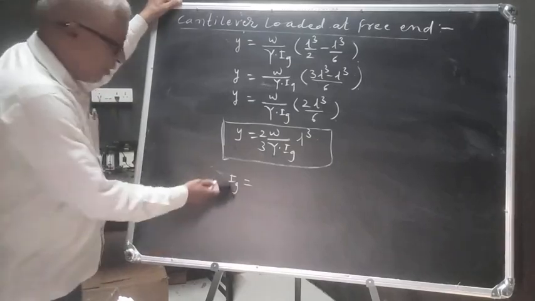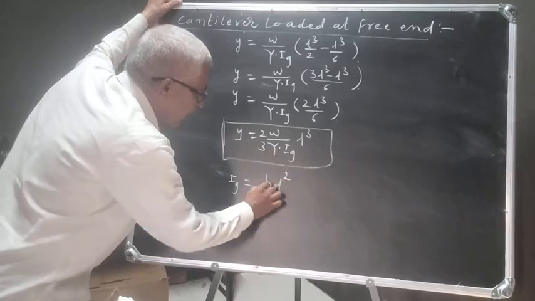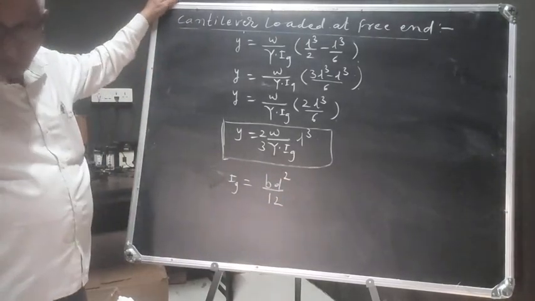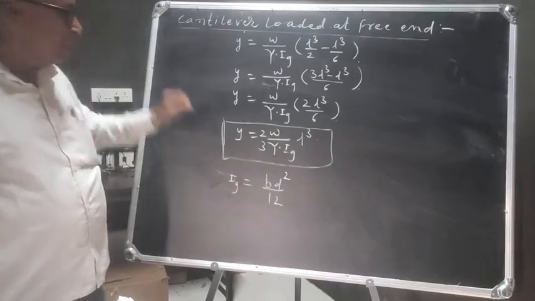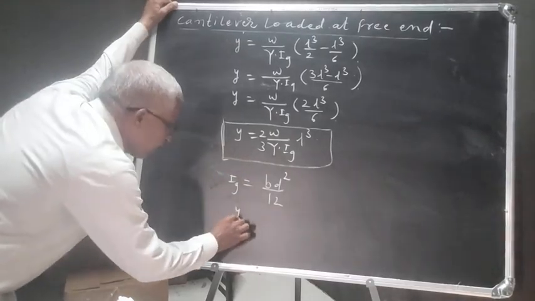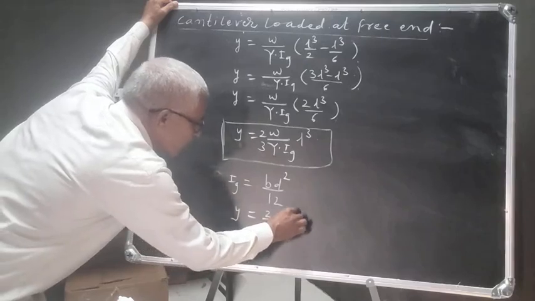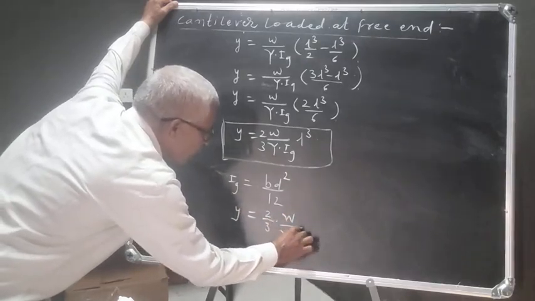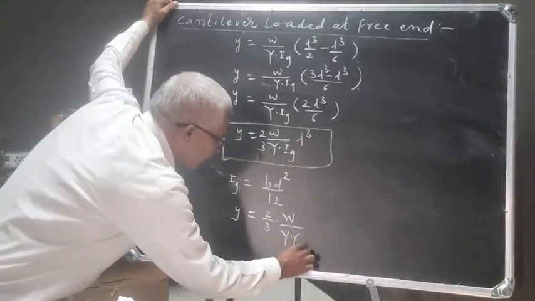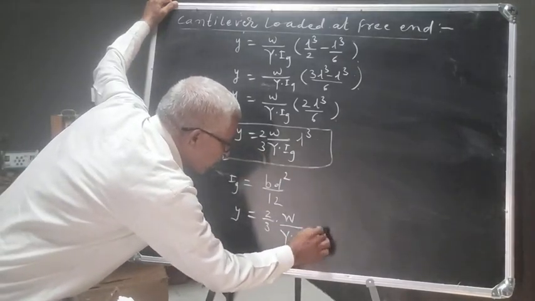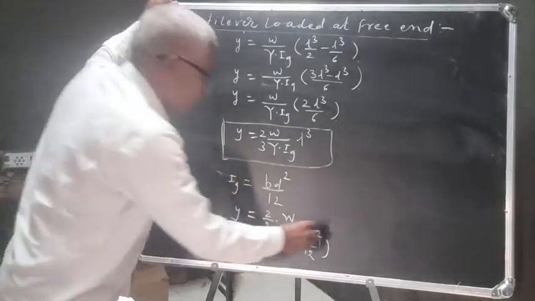Then its geometrical moment of inertia is given by b d square upon 12. Putting this value in this equation, we write y equals 2 by 3 into W upon Young's modulus into the geometrical moment of inertia, b d square upon 12, into L cube.